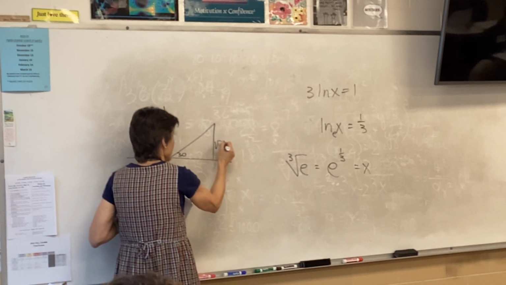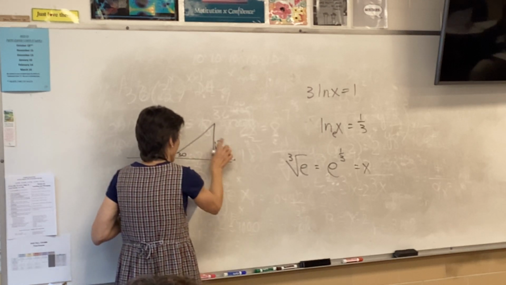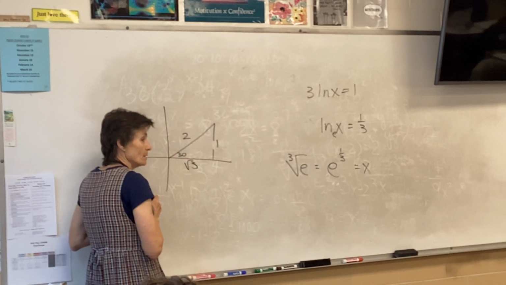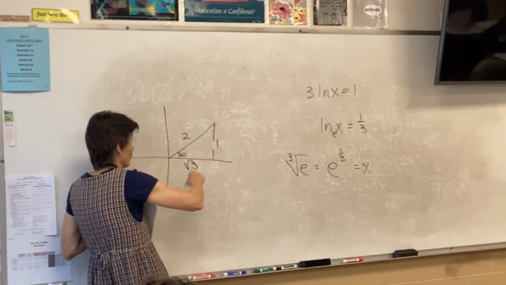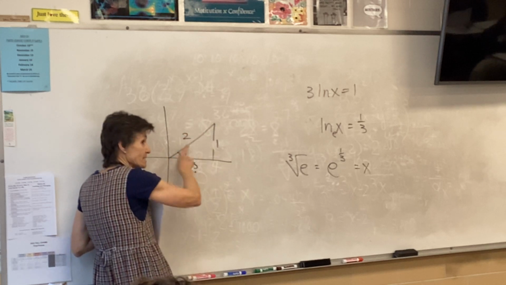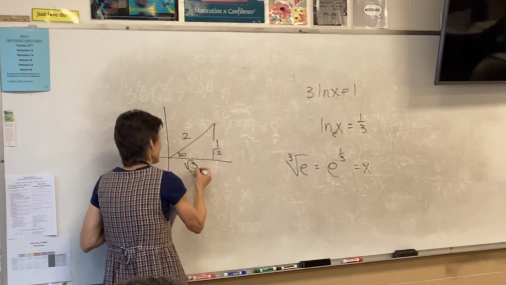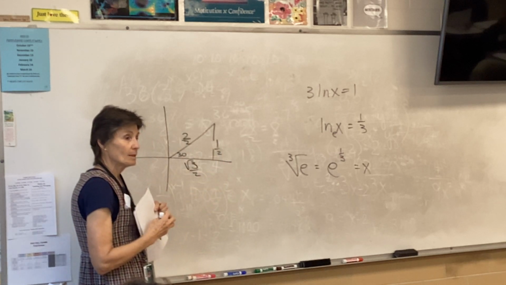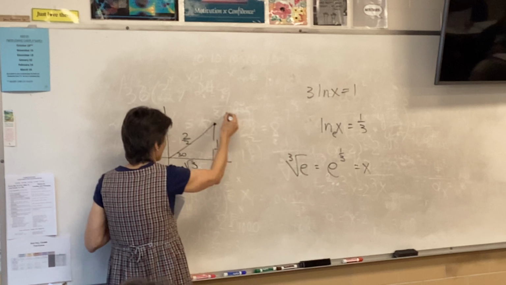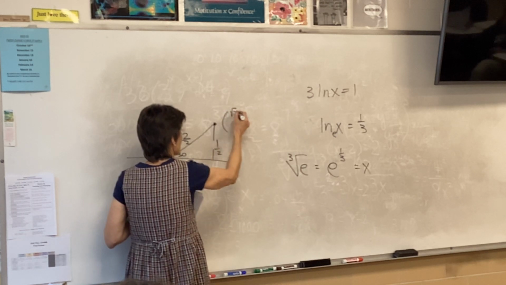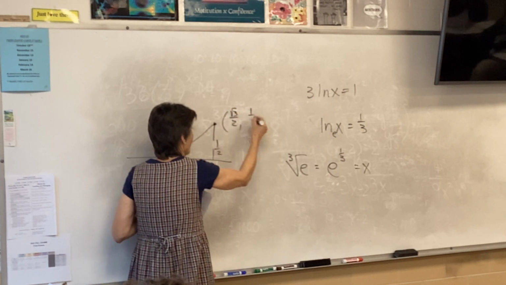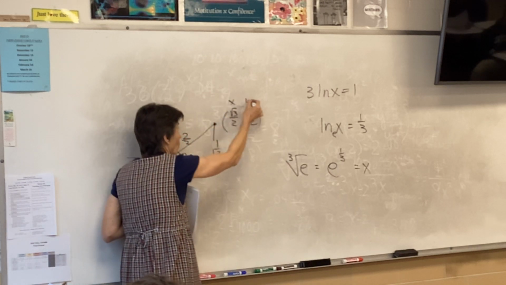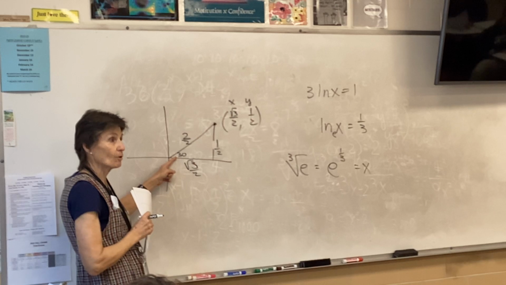I know that this would be 1, this would be root 3, and this would be 2. Now if I do a circle, that is not a unit circle, the radius isn't 1. But if I make the radius 1, shrink it, this ordered pair is root 3 over 2, comma 1/2. Does that make sense to you? That's x and y for this particular angle?